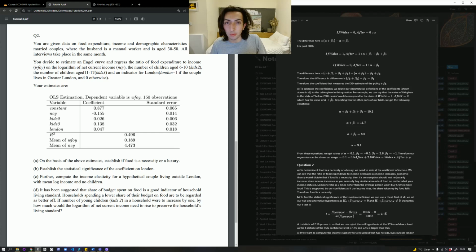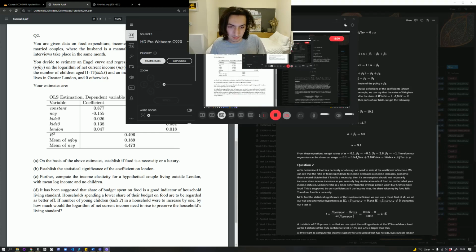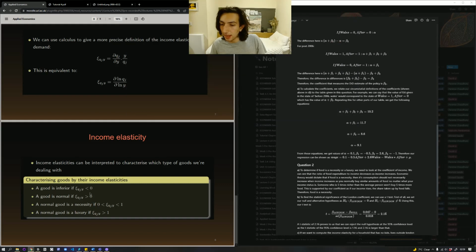Now there is another way of looking at it. You guys can see here that we've got the income elasticities. A normal good is a necessity, generally, if it is between 0 and 1. So if the income elasticity is between 0 and 1, then we generally say that it's going to be a necessity.